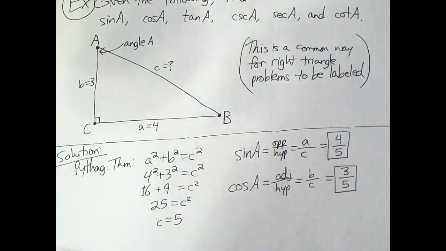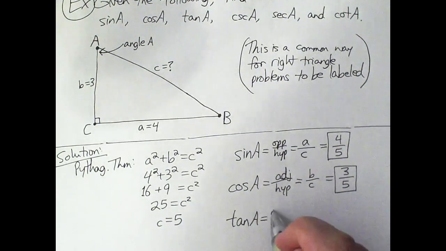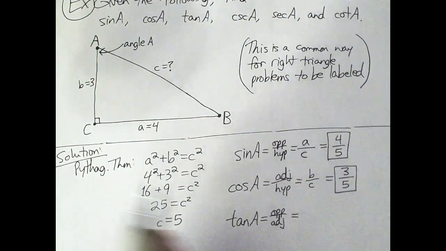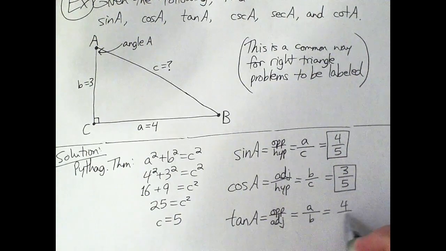So these answers look like they're going to be nice ratios of just integers, that they're not going to have any square roots involved. Tangent of A. Opposite over adjacent, which from A, the opposite one is a, and the adjacent one is b. So we need 4 over 3.